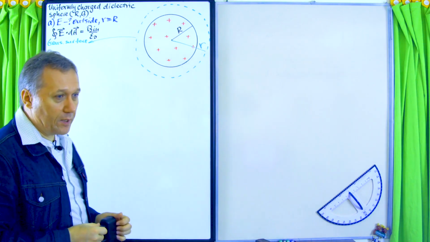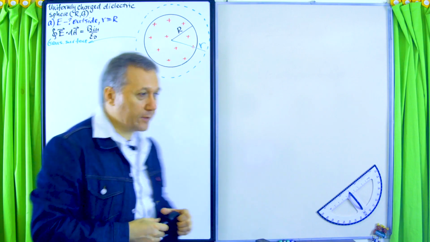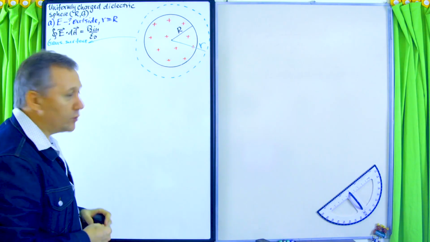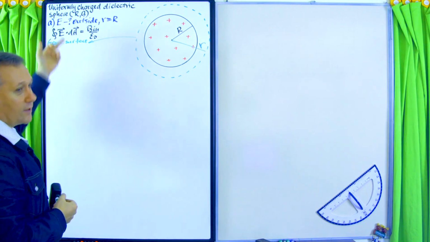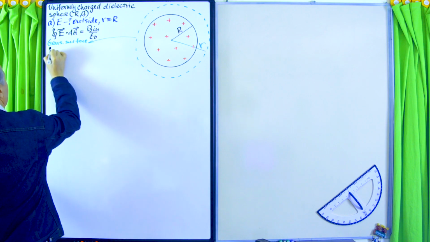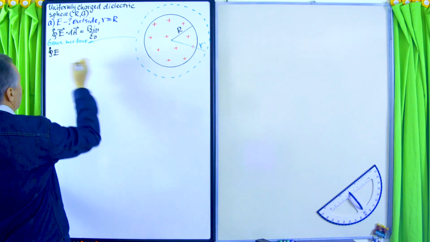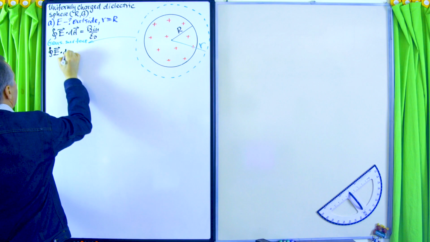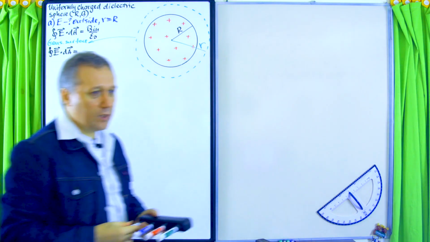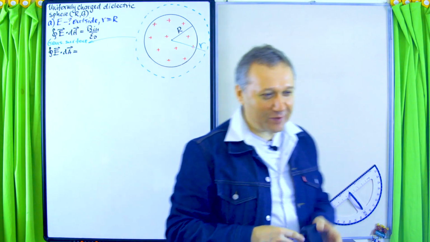Now, after this step, we can start actually evaluating the left-hand side and right-hand side. Usually I start taking care of the left-hand side first. So, the integral over the closed Gaussian surface of E dot dA equals. Okay, now I will pause, because now comes almost the most difficult part.